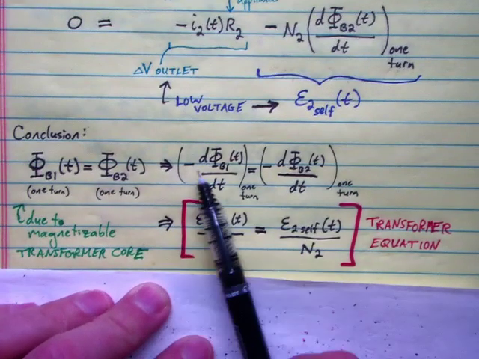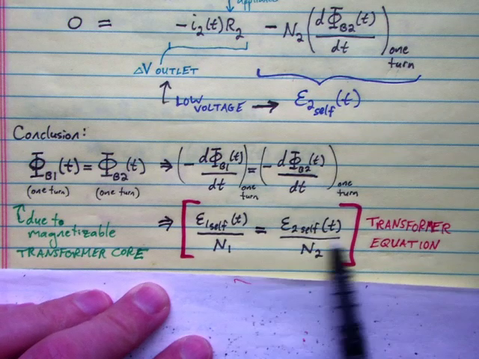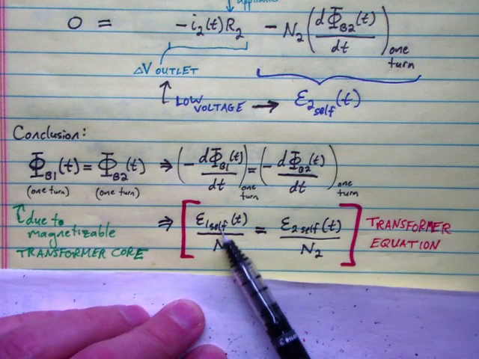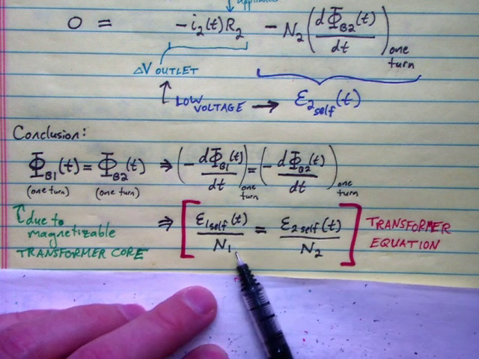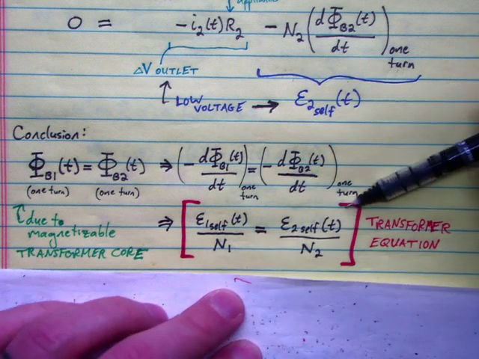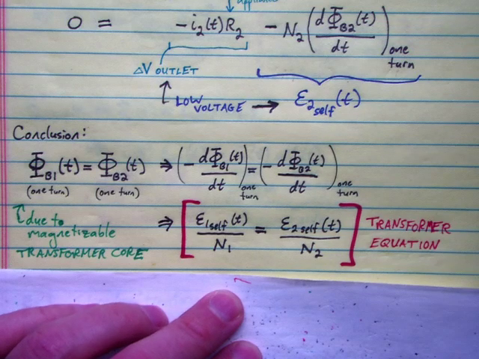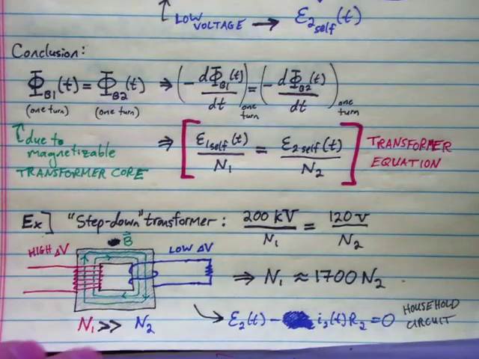So if the rates of change of the fluxes are equal, thanks to our core, then we have our transformer equation, telling us that the self-induced EMF in the primary coil divided by the number of turns in the primary coil equals the self-induced EMF in the secondary coil divided by the number of turns in the secondary coil.